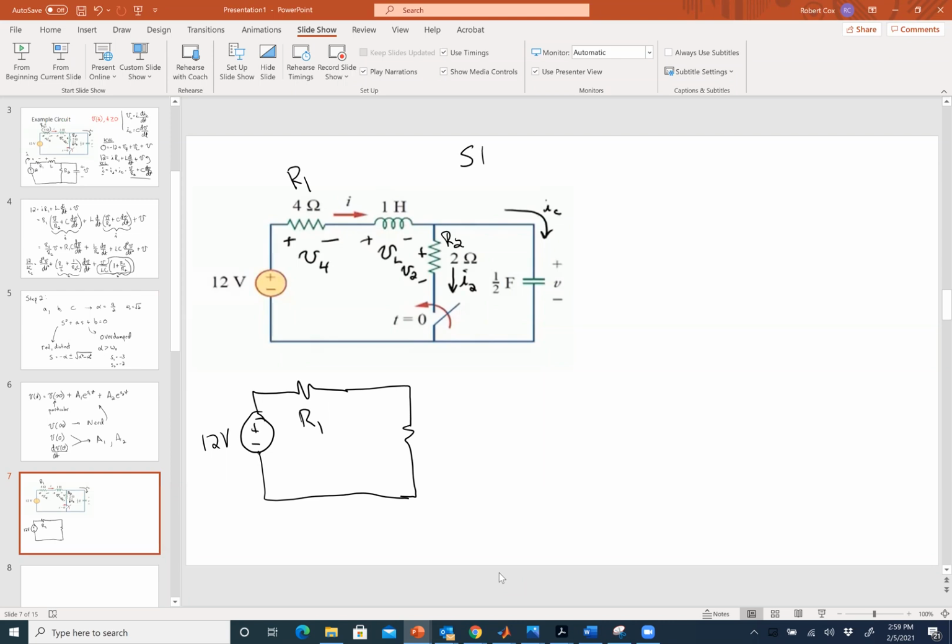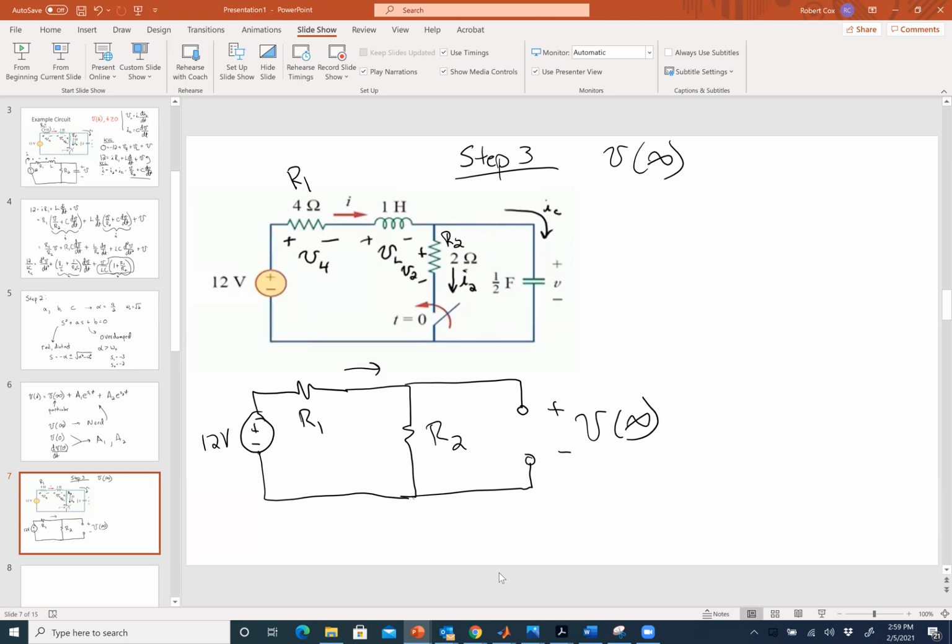This is step 3, where I'm trying to find V of infinity. So that means the switch is closed. And then there's my capacitor. So here's V of infinity, and here's the inductor current in steady state. Okay? So what's V infinity?